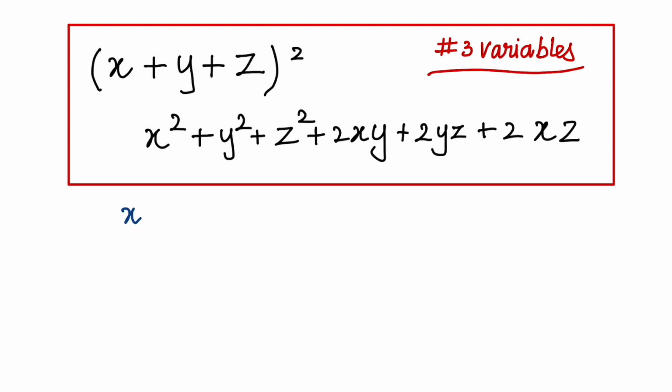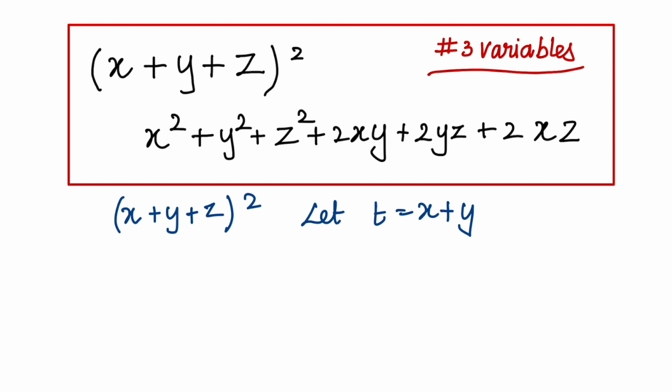Now (x + y + z)², this is the identity, right? Let us say we are assuming that t is equal to x + y.